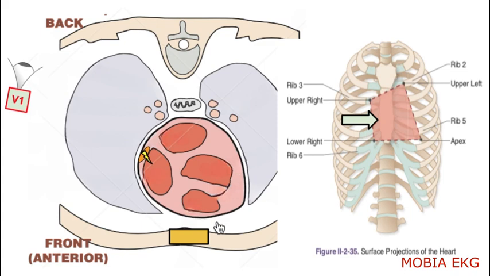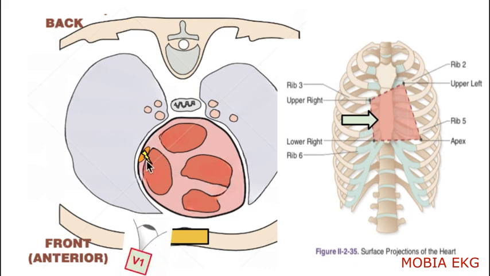If you come here, since this is the cross section of the manubrium or sternal body, and here is the right sternal border, lead V1 exactly should be located here.